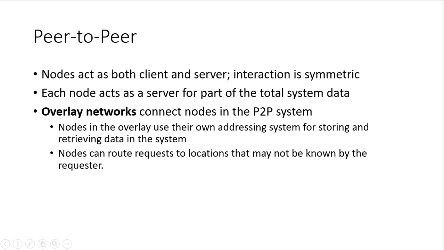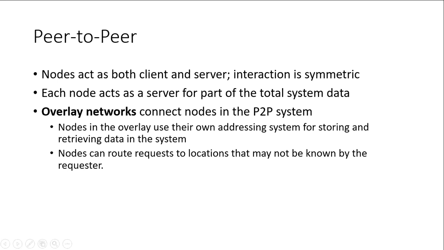Each node acts as a server for a part of the total system data. We can also say that in a peer-to-peer or decentralized system, one node, one computer, acts like a master which initiates the activities, and the rest are like the clients. But this does not show asymmetric distribution.